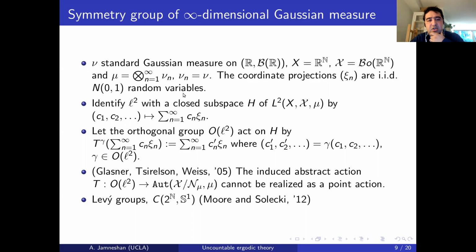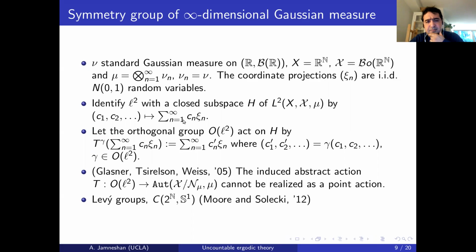What we can do is that the small l2 space can be identified with a closed subspace H, which is also sometimes called the Cameron-Martin space of that Gaussian measure, inside L2, by taking any sequence and associating to it this sum.